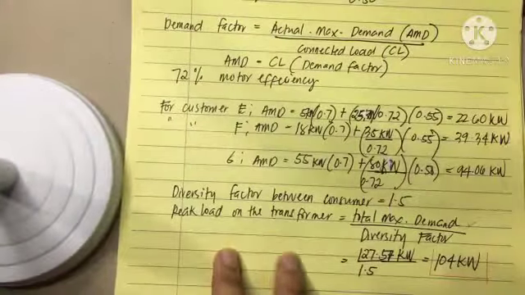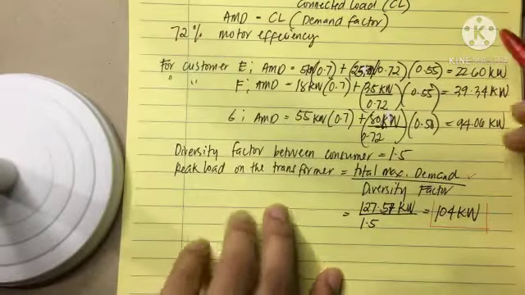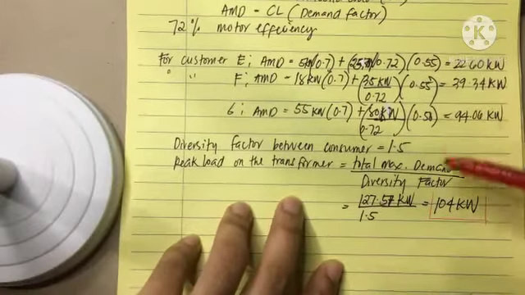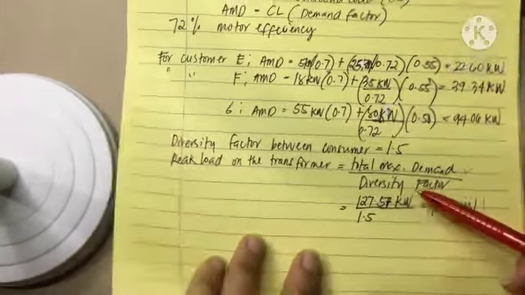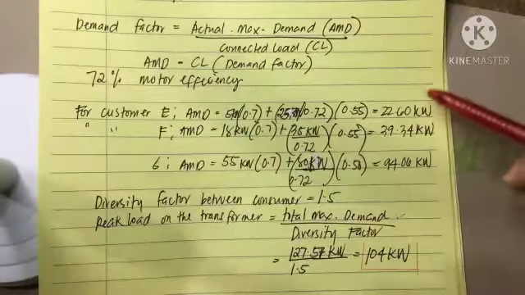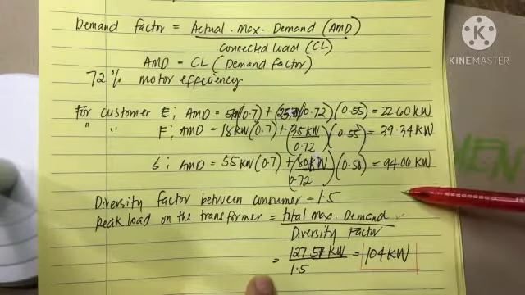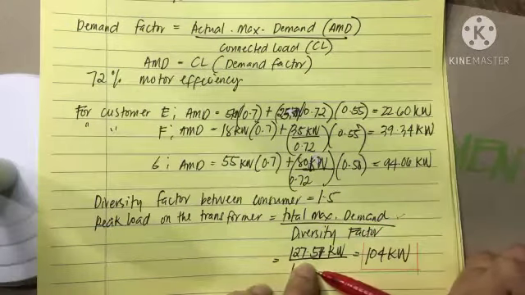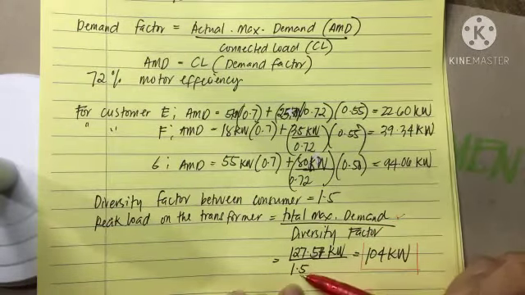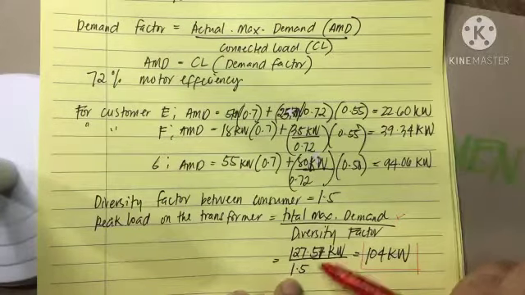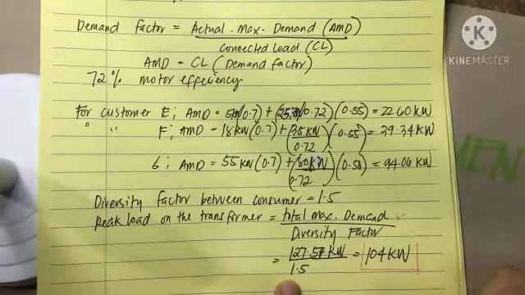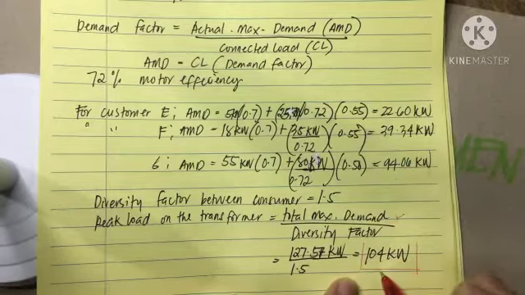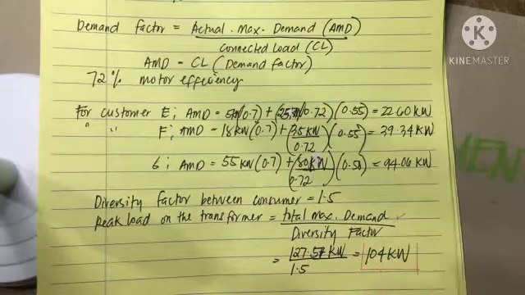So we're going to solve your peak load. The total maximum demand of these three, 127.57 kilowatts, divided by the diversity factor, 1.5, gives you an answer of 104 kilowatts.